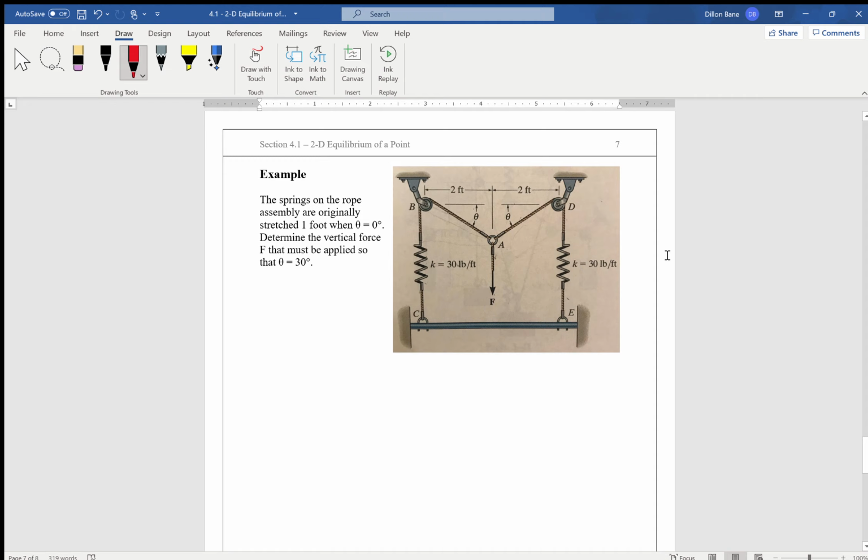We've got this contraption where we have a rope that goes over 2 pulleys attached to some springs, and the problem says the springs on the rope assembly are originally stretched 1 foot when theta is equal to 0. Now we want to determine the vertical force F that must be applied to point A so that theta will become 30 degrees. Okay?